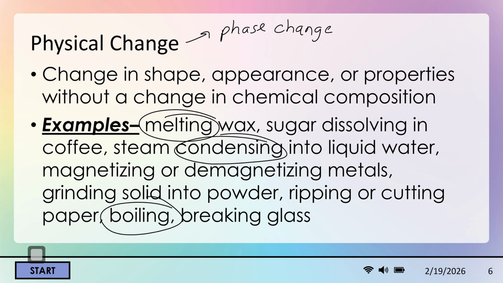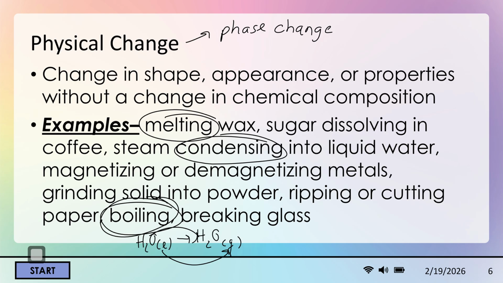Any sort of phase change is a physical change. Because if I boil water, it's going from H2O liquid to H2O gas. I'm changing its appearance, but it's still water.